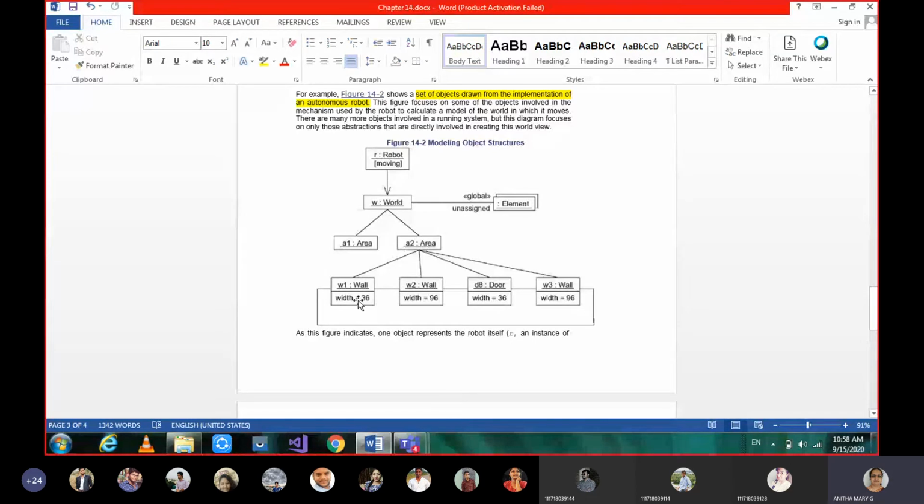When it is A2, it is maybe a closed area, with the things connected to it that are related, and A1 maybe can be taken as an open space. So this is how we should be able to analyze what exactly a particular object looks like, structured at one particular point of time. So that is what the object diagrams are about.